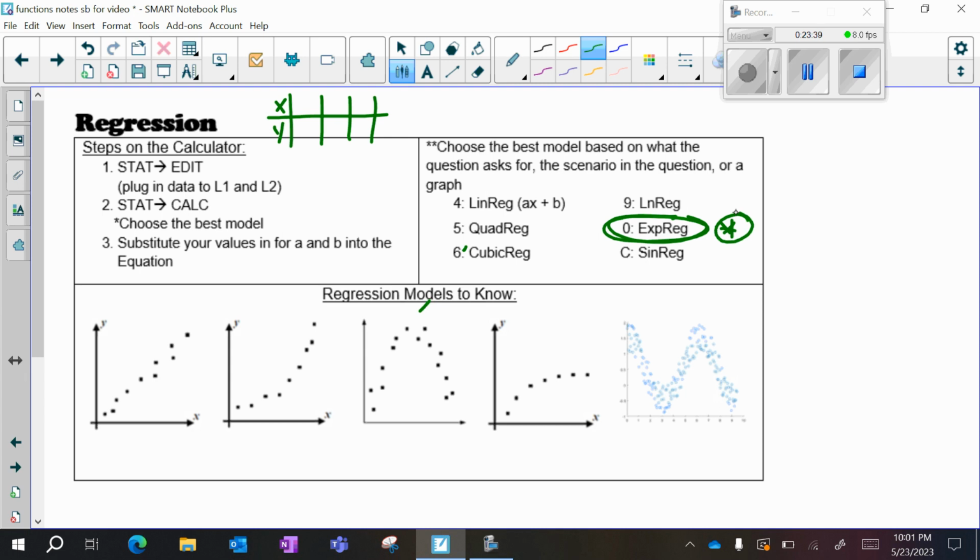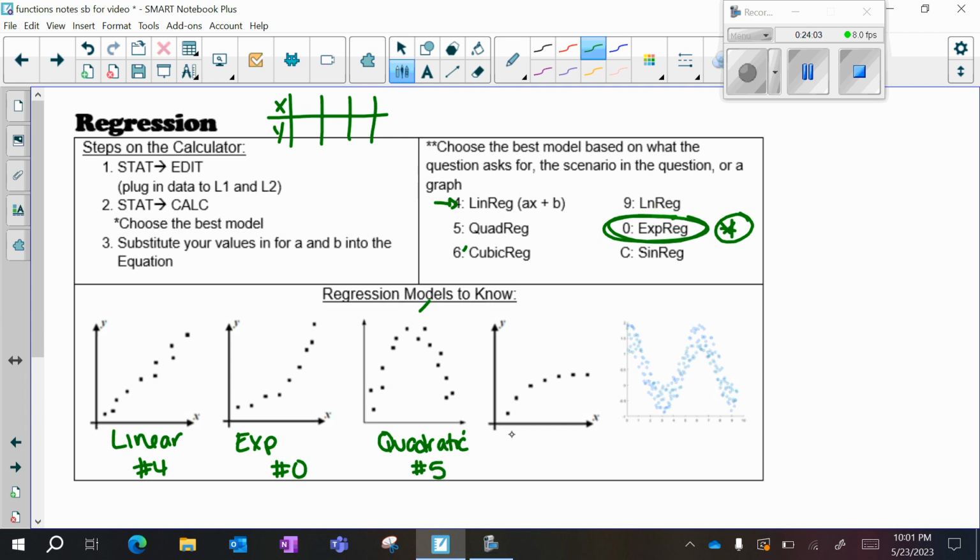It is extremely rare that they give you a scatter plot, but in case they do, here are some pictures below. Linear is choice 4, like I have written up here. This is exponential, which is choice 0. This is quadratic, which is choice 5.